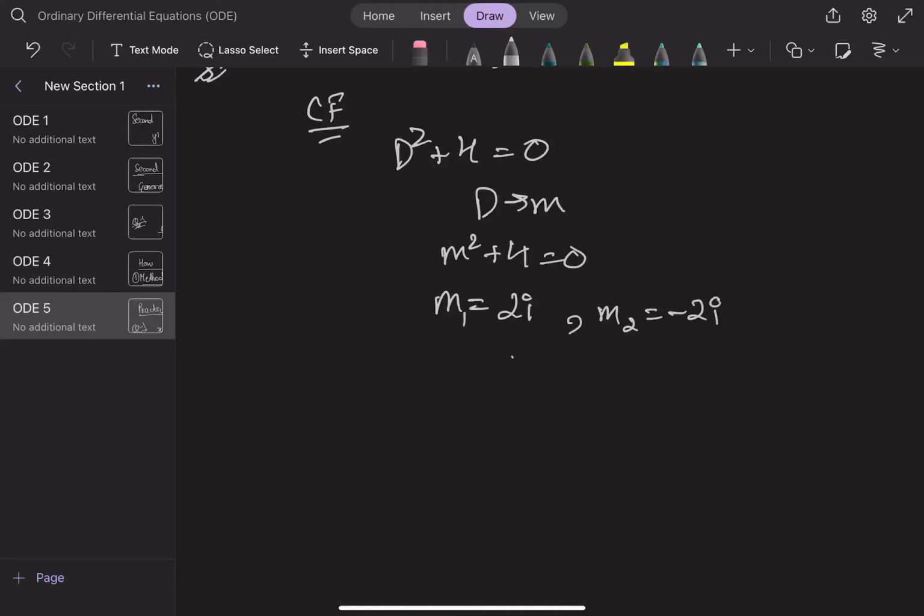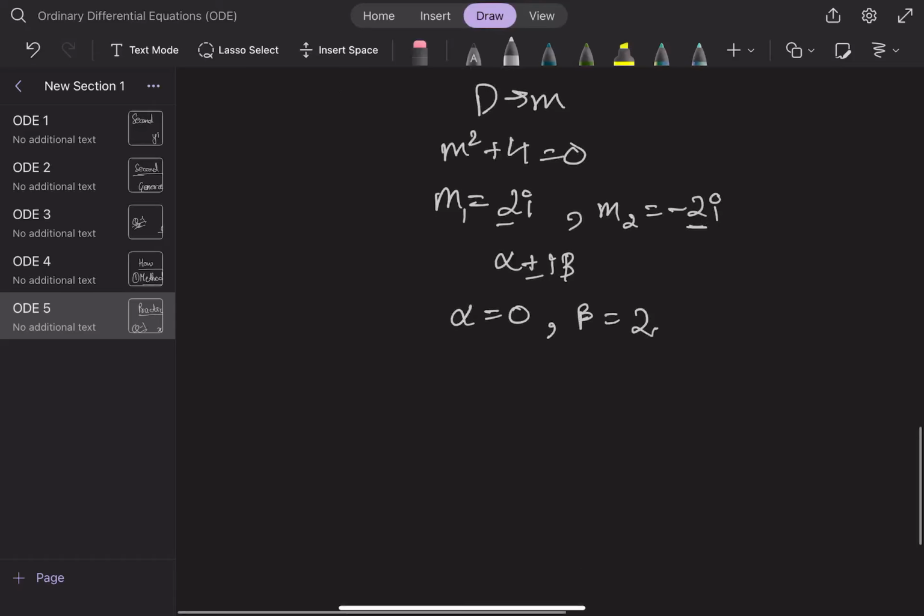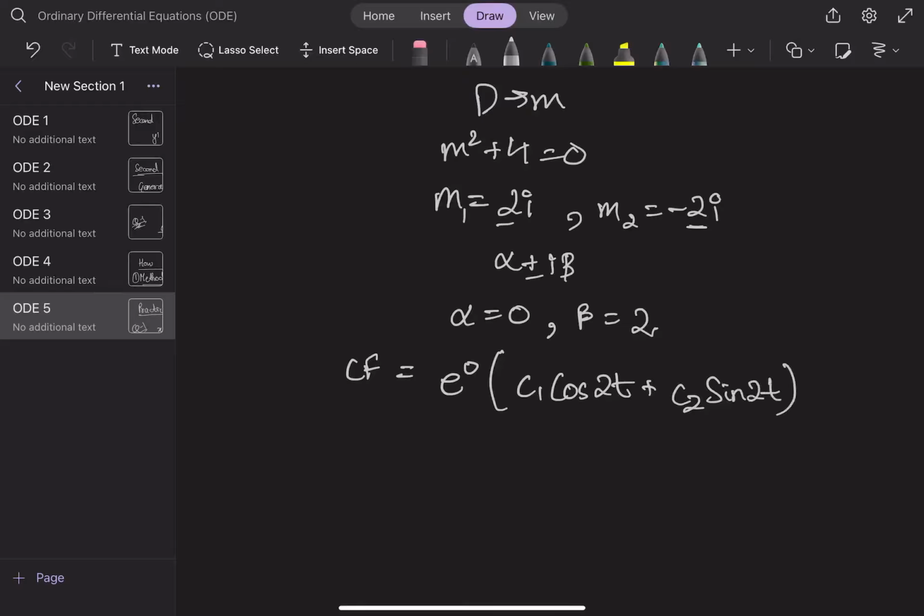So if you compare this with alpha plus minus i beta, your alpha is 0 and your beta is the coefficient of i, which is 2. So CF is equal to e raised to 0 (C1 cos 2t plus C2 sin 2t). And as e raised to 0 is 1, your CF becomes C1 cos 2t plus C2 sin 2t.